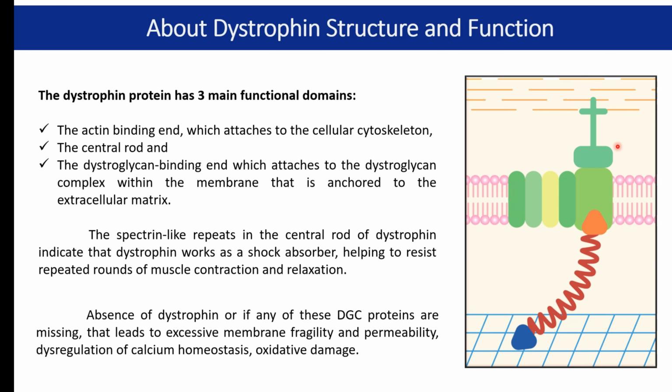About the dystrophin structure, I explained, but we can still go into some more detail. The dystrophin protein has three functional domains. The blue part you see is the actin binding end, which binds to the actin filaments, the cytoskeleton of the cell.